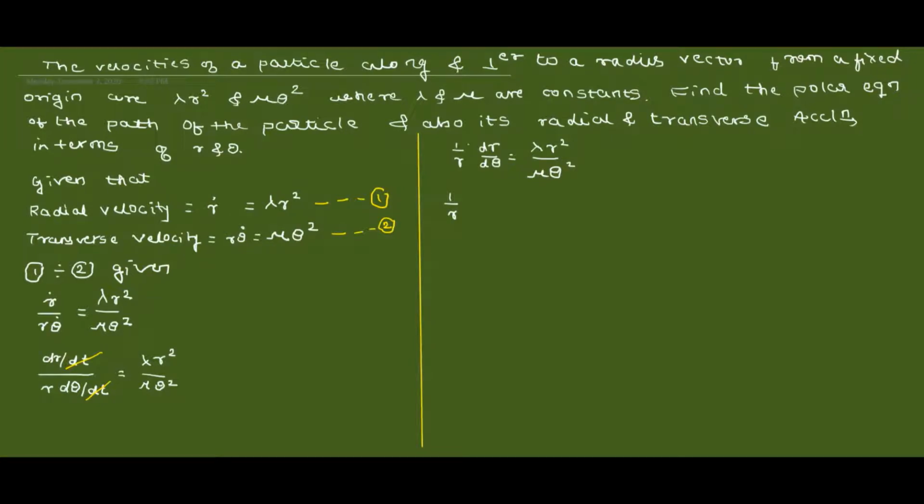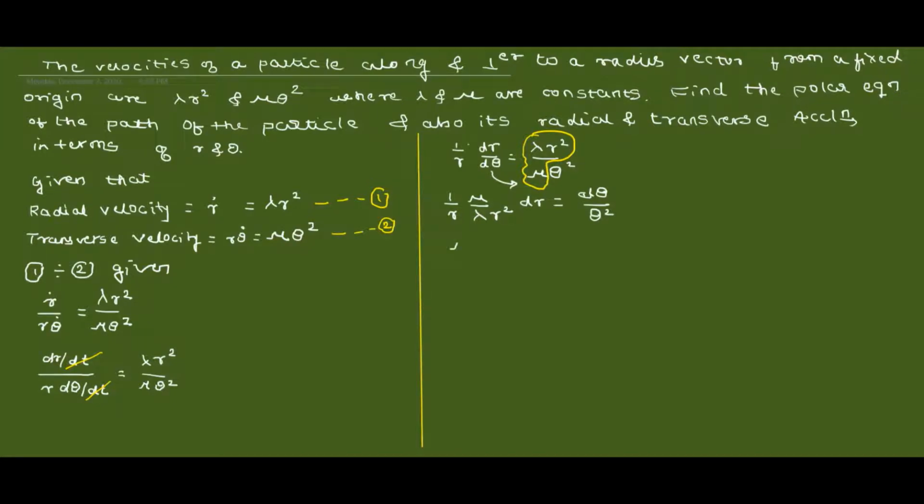Transpose this lambda r square divided by mu to the left hand side, and you will get mu divided by lambda r square into dr is equal to, transposing d theta to the right hand side, d theta divided by theta square.